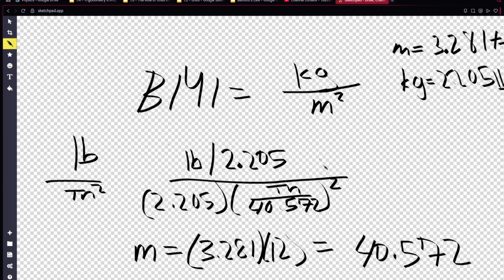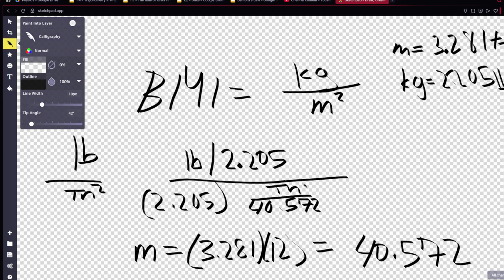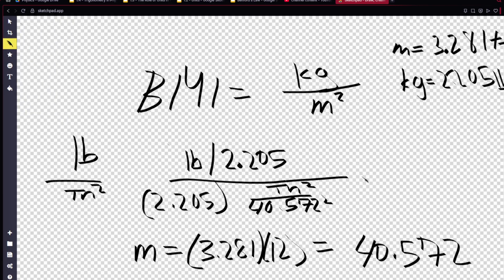So this is the same thing essentially as the m here, because this is the inches conversion. Using some dimensional analysis, we can just apply the squared term here, giving us inches squared and 40.572 squared.